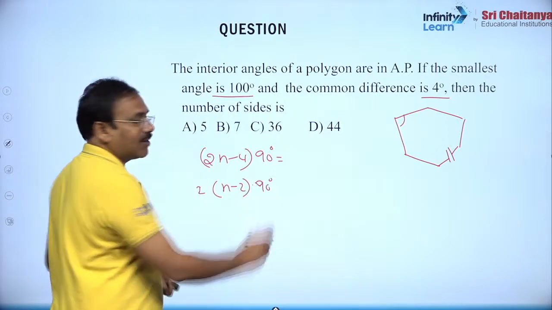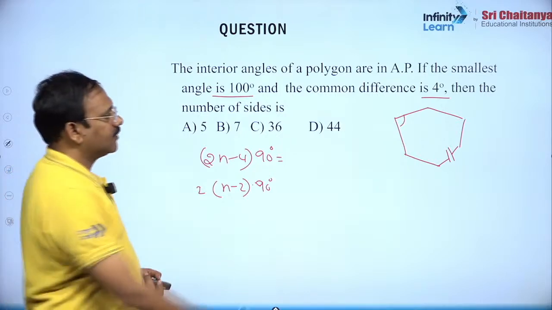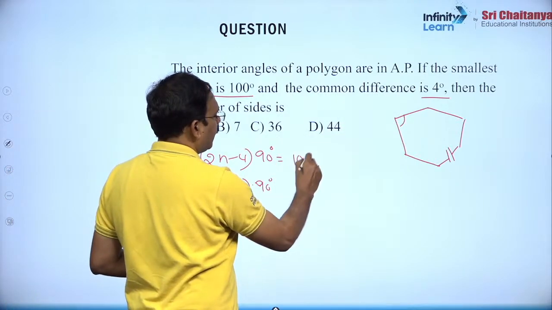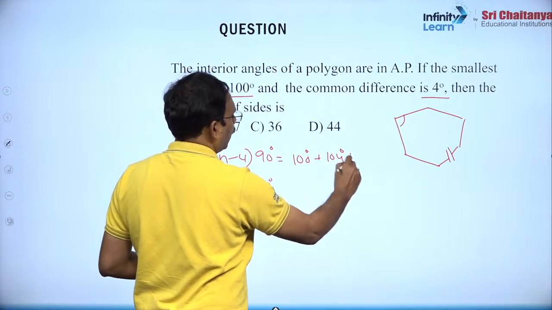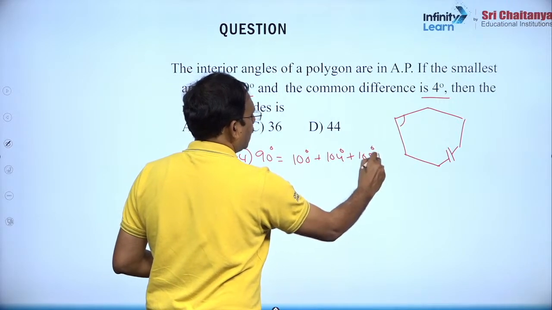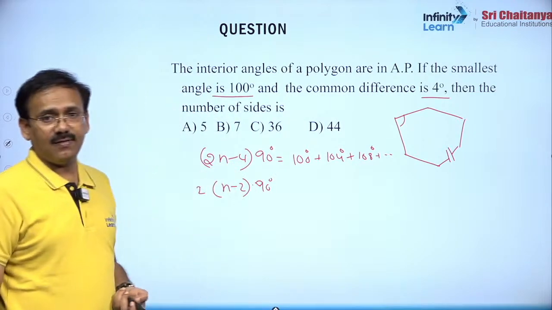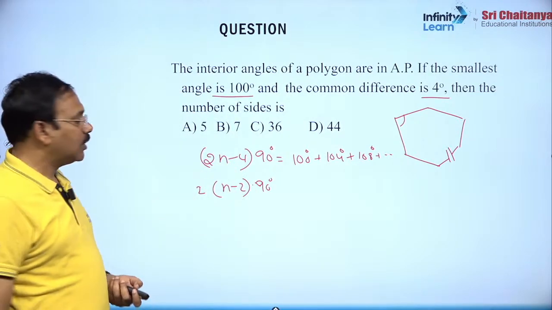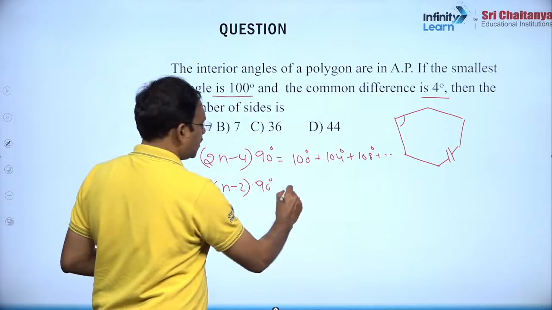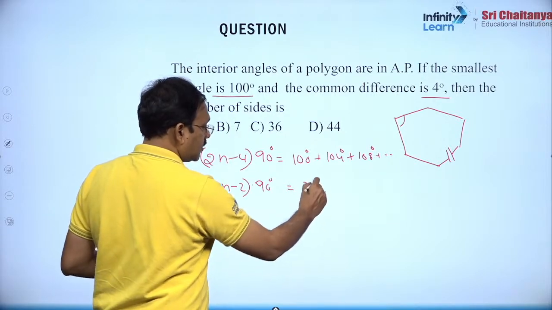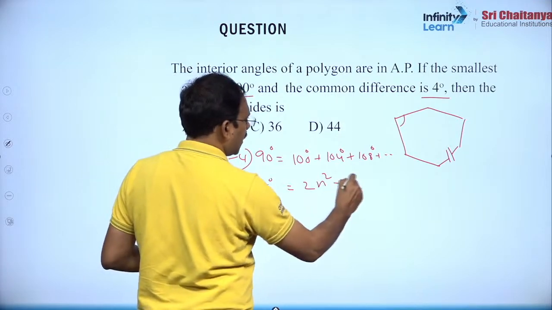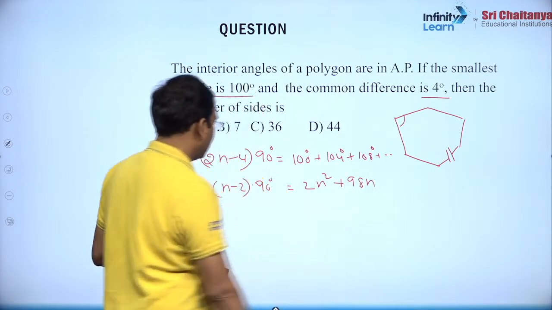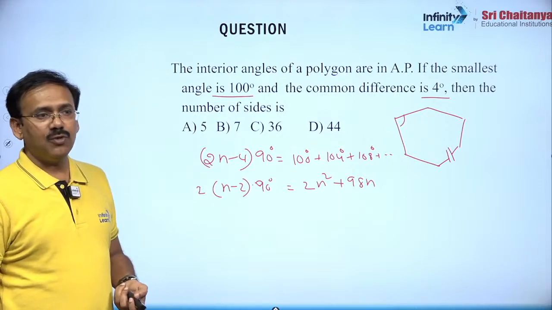But you can observe that according to the problem, the angles are in AP: the first angle is 100, the second angle is 104, the next one is 108, like that n terms are given. So, my dear friends, with common difference 4, the sum is half of n times 2 into 100 plus n minus 1 into 4, which gives 2n square plus 98n. This is the equation which you need to solve.